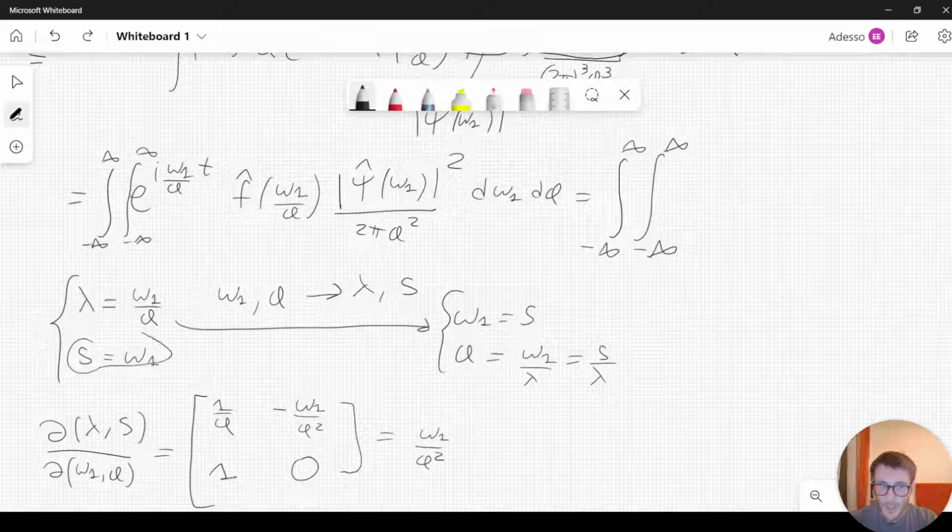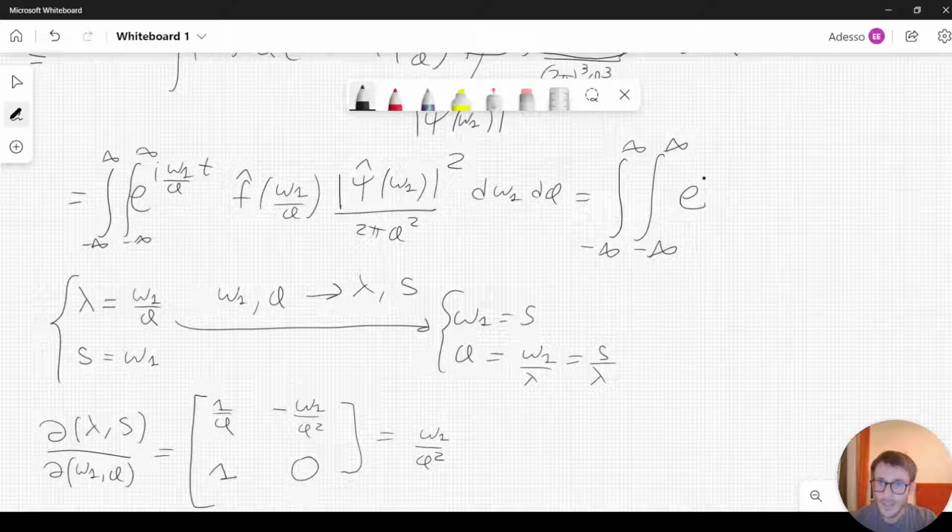So s will also range from minus infinity to plus infinity, and if a is not equal to 0, then lambda is well defined. As I said, let's not get into the technicalities with discontinuities and so forth, but you can easily understand that also lambda will range from minus infinity to plus infinity, right? Because both of these variables here range from minus infinity to plus infinity. So the double integration is still performed from minus infinity to plus infinity for both variables.